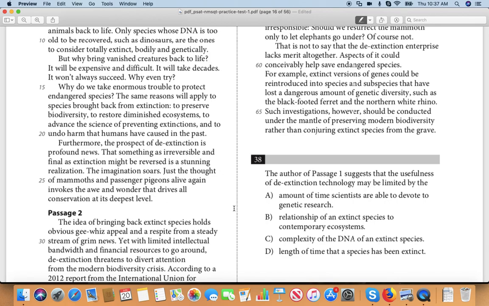What does fundamental mean? Necessary. It's necessary, but why is it necessary? It's not just necessary.